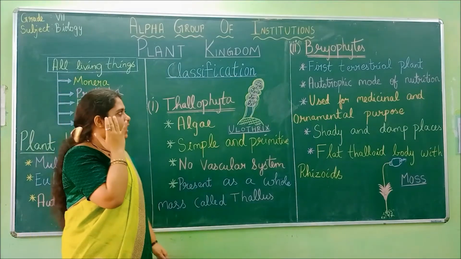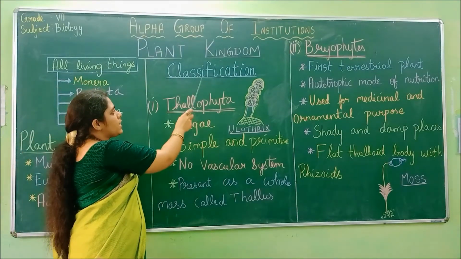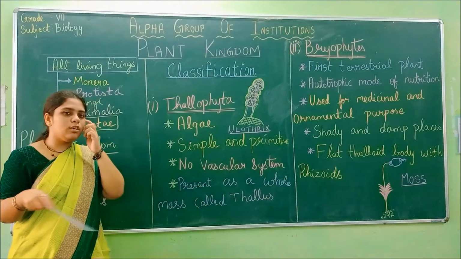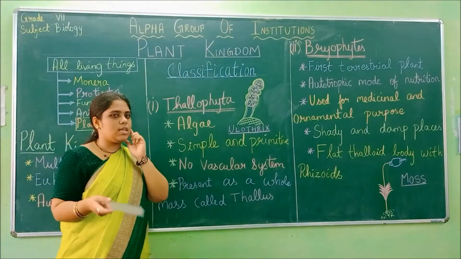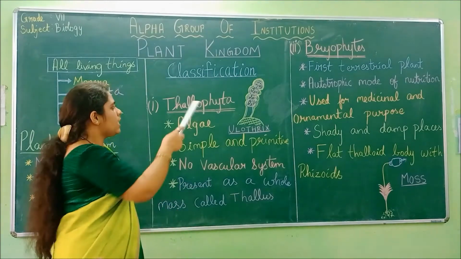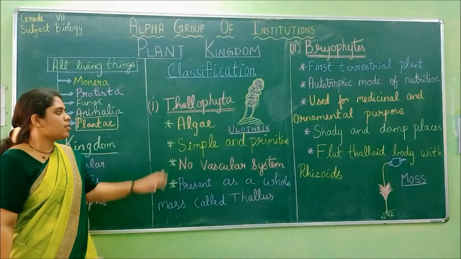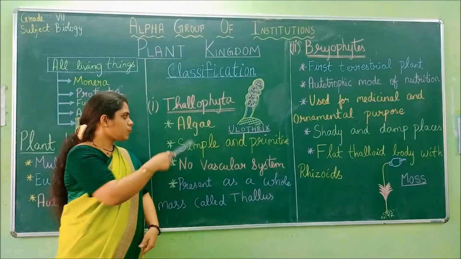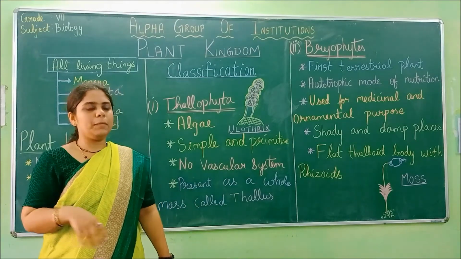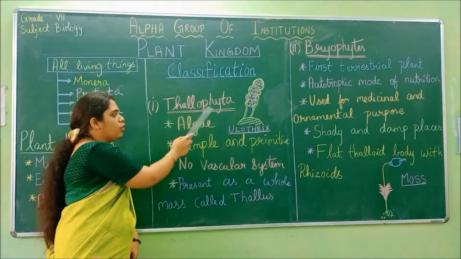So first is the Halophyta. Under the classification, the first one, you take it as the lower organism, like the small kids for us. Under Halophyta, all the algae will be present.